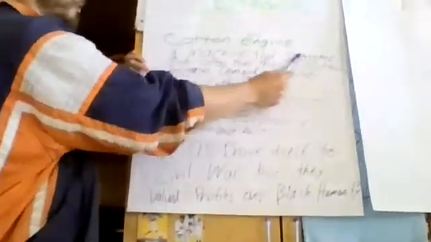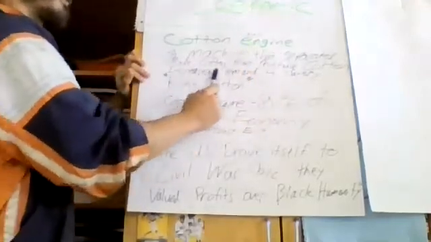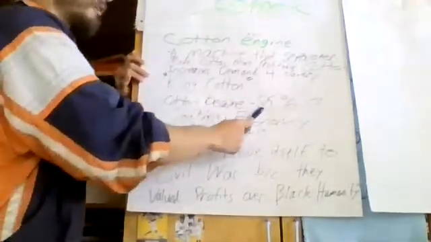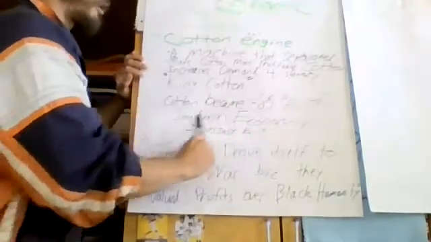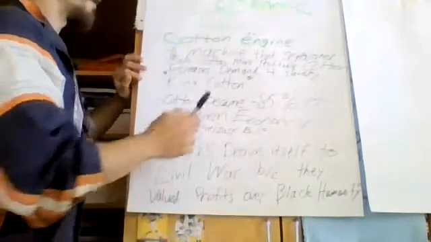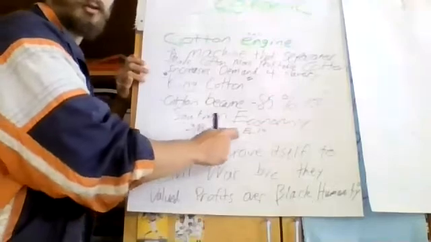All right. Can I read the third one? Yeah, I'll do it. So I'll do each of these. So a cotton engine, a machine that separated cotton. It made cotton more profitable and increased the demand for slavery. King Cotton. Cotton became 85% of Southern economy. Around 85%, that's not an exact number. I'm sure if I looked it up, I'd find a more exact number. And then under that, I put quote, necessary evil, unquote.